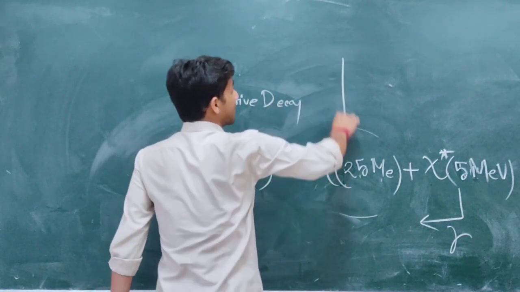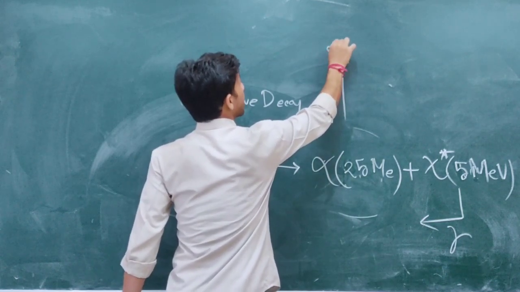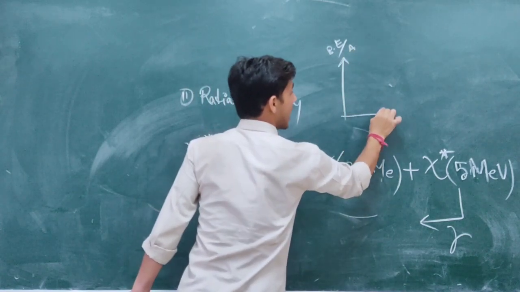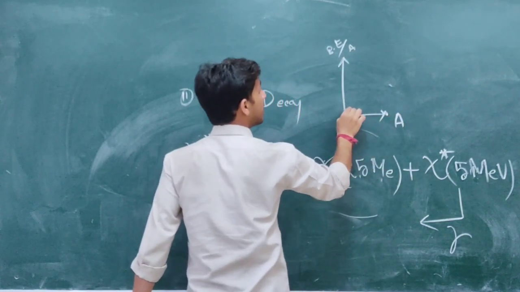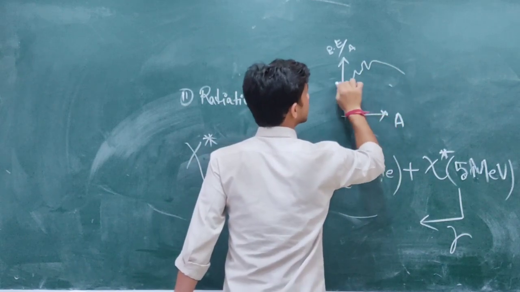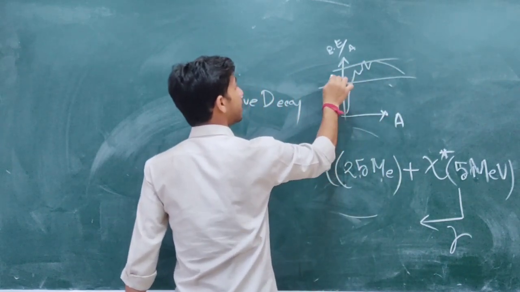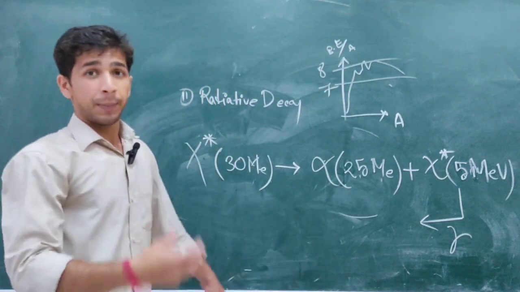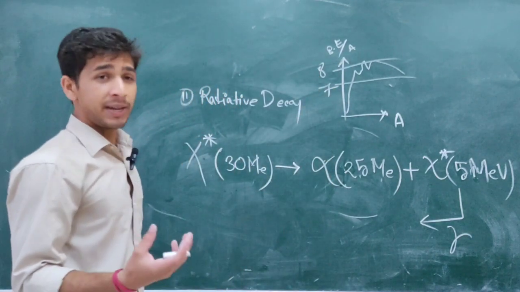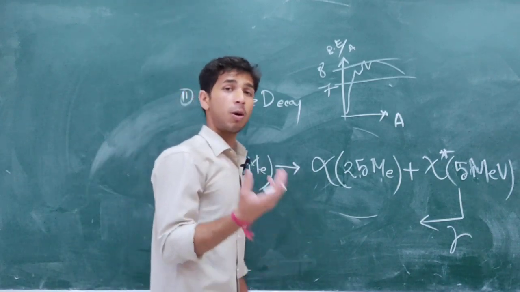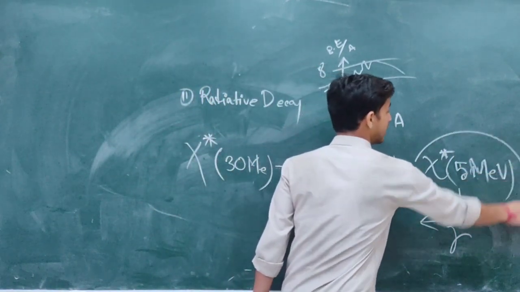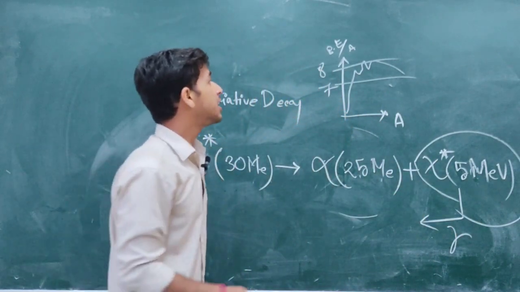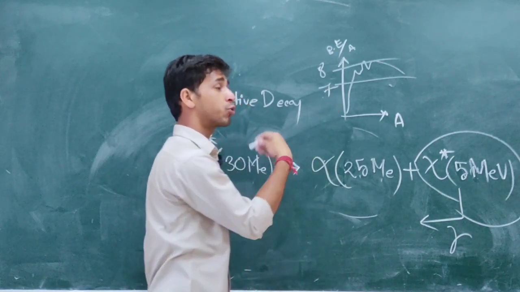If you remember the binding energy per nucleon versus atomic number, most of the nuclei have energy 7 to 8 mega electron volt. So to emit a nucleon, meaning to emit a proton or neutron from this excited nucleus, this nucleus must have energy greater than 7 mega electron volt.